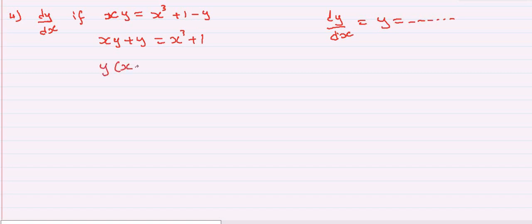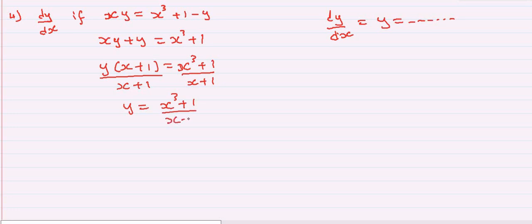We'll be left with x plus 1 equal to x cubed plus 1. And we divide both sides by x plus 1. Therefore y will be equal to x cubed plus 1 divided by x plus 1.